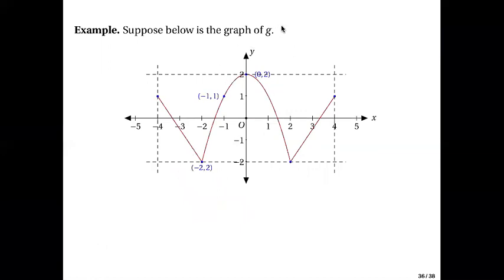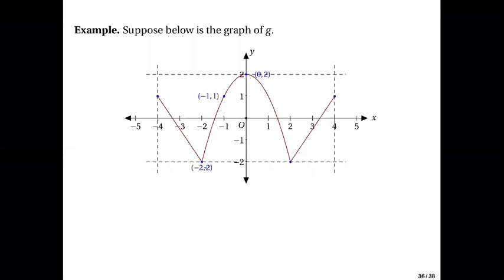Next example, we have the function g, and this is the graph. So this is a function. Look at this. This point here is negative 4, comma, positive 1. And then you have your negative 2, comma, negative 2.